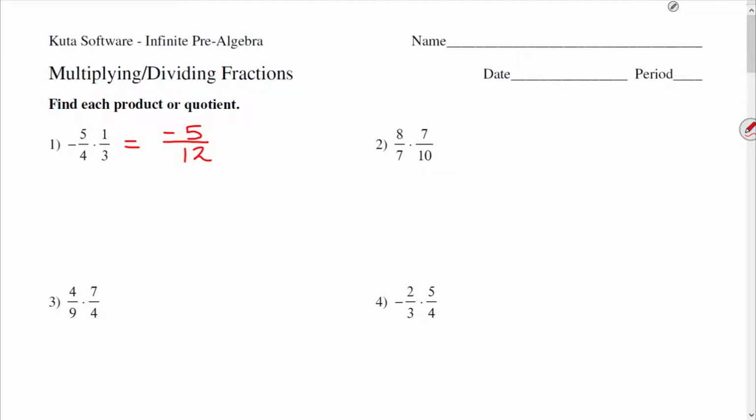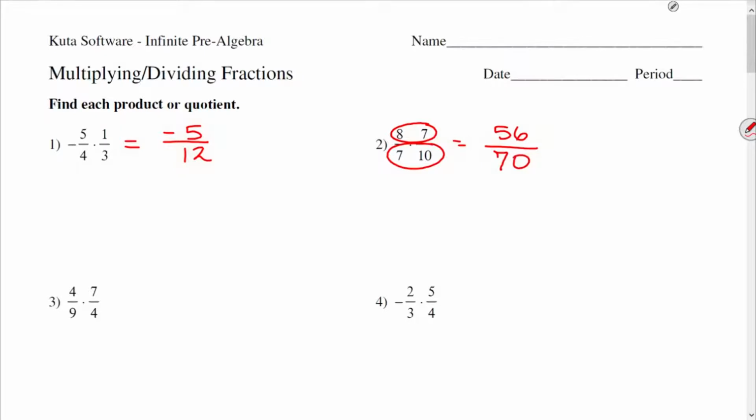Now, one other idea that does come into play is the idea of cross-canceling. You can cross-cancel when you have a common factor. Let me explain why we can cross-cancel so that you understand. So in number 2, I could multiply the tops together and get 56, and the denominators together and get 70.